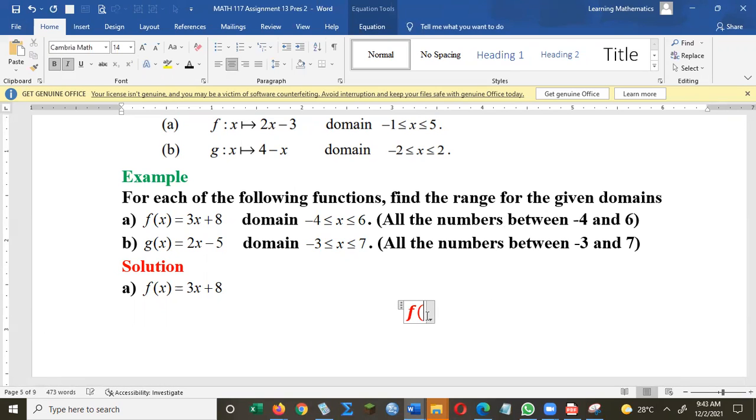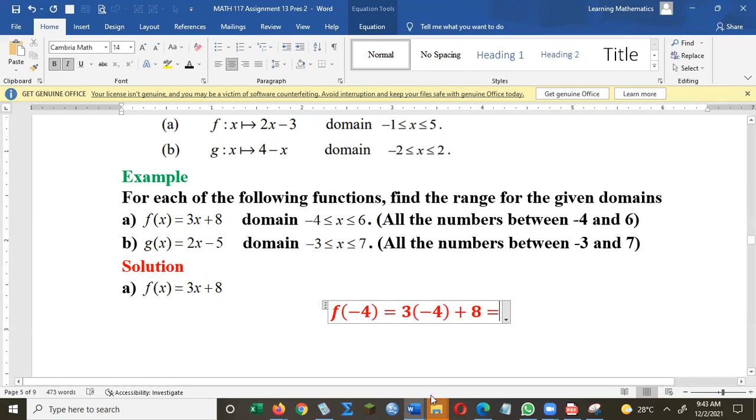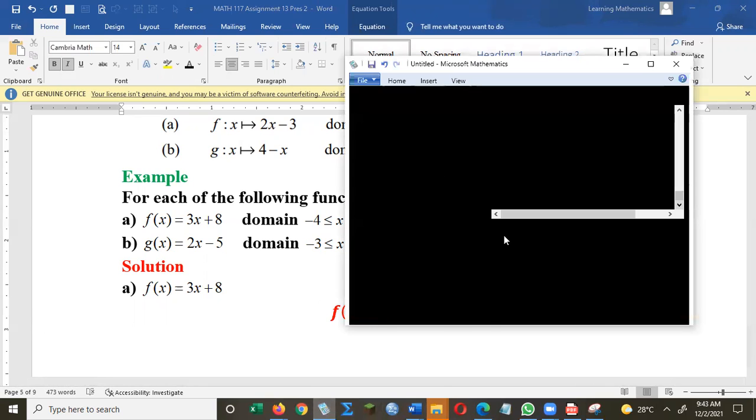F of -4. What is f of -4? 3 times -4 plus 8. What is 3 times -4 plus 8? -12 plus 8 is what? -4.